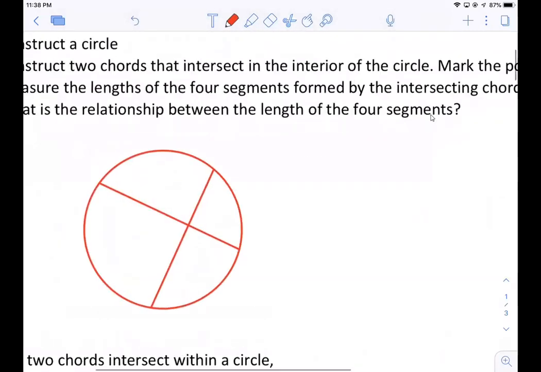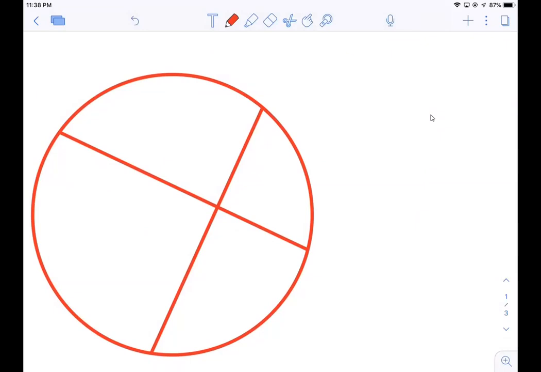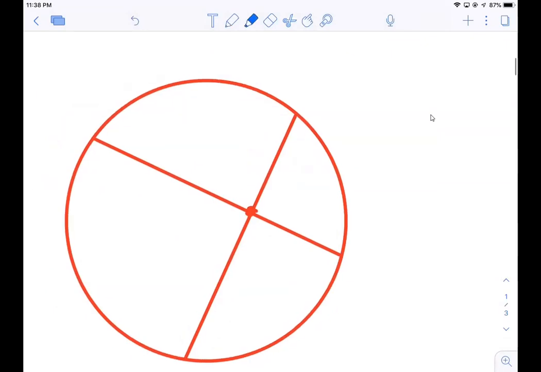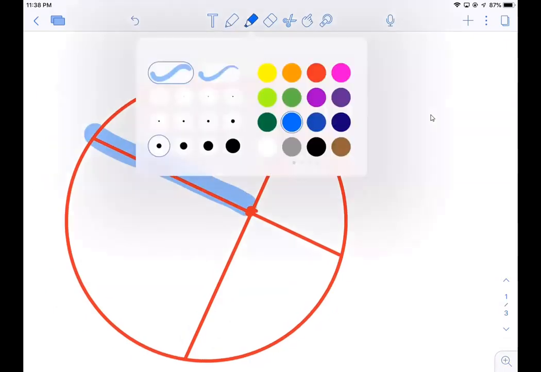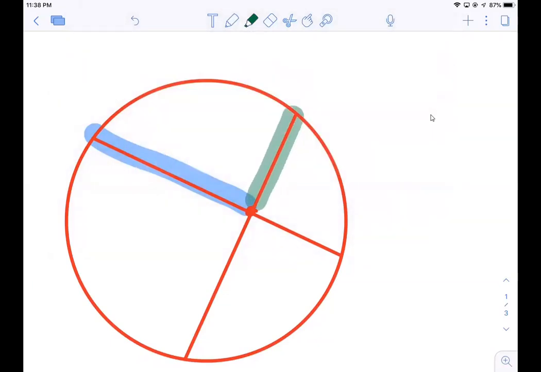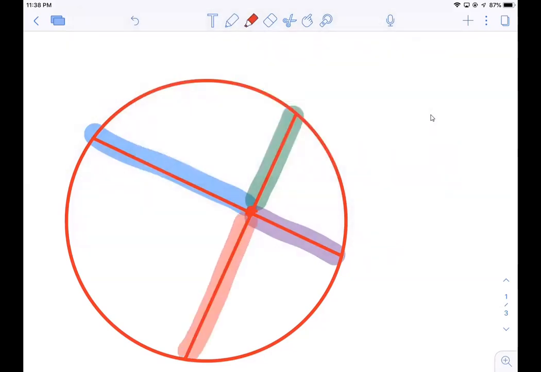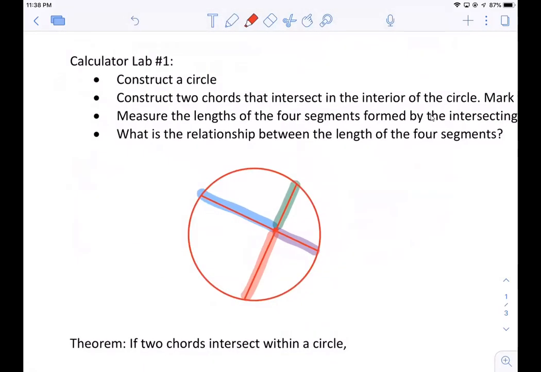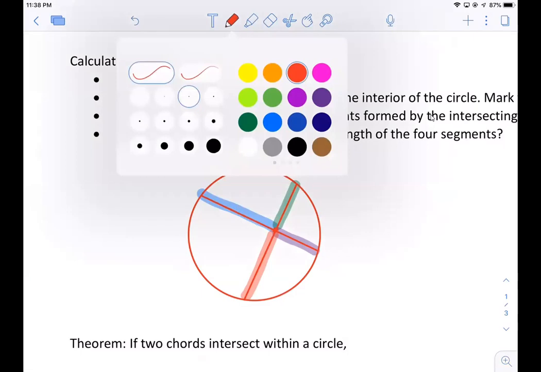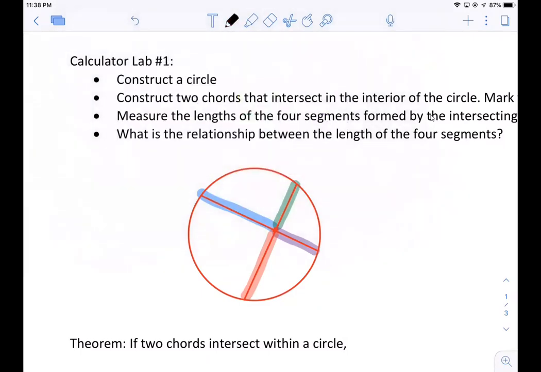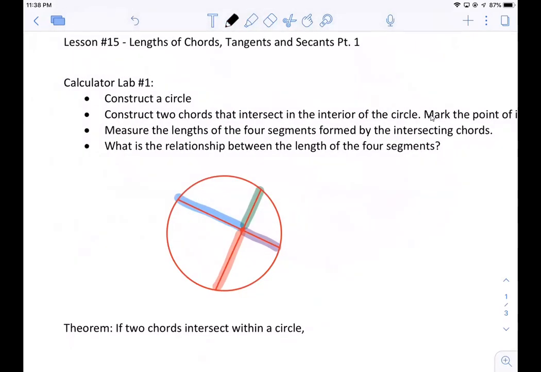You're going to mark the point of intersection, and then measure the 4 segments formed by those two chords and see if you can figure out the relationship. This relationship is not the easiest to see, so you might need to play around with the numbers, but try your best. I'm sure you could figure it out.